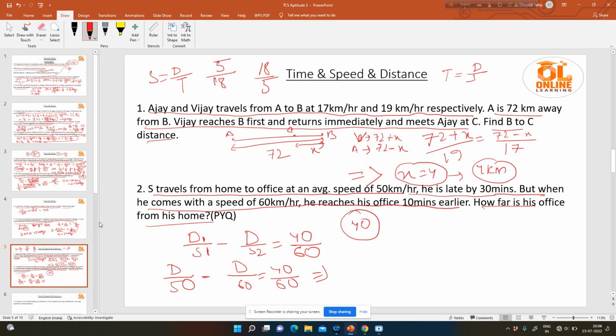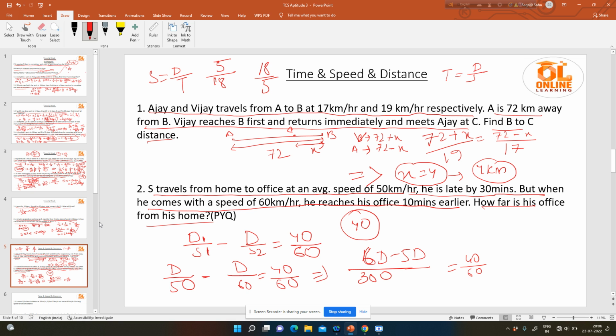Now if we solve this, the LCM would be 300, and it would be 6d minus 5d, right, by 300 equals 40 by 60.